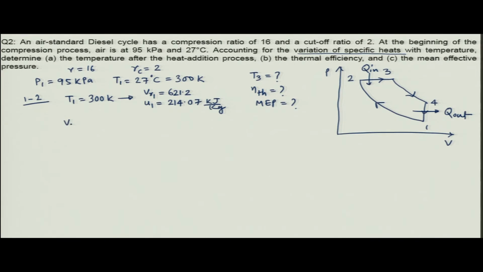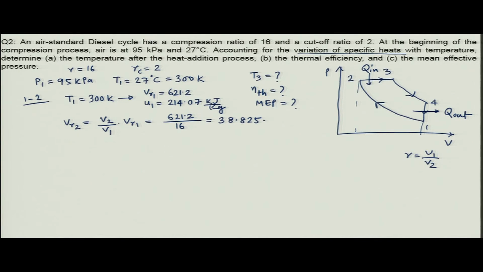VR2, the relative volume at point 2, should be equal to V2 upon V1 multiplied by VR1. VR1 is 621.2, and V1 by V2 is basically your compression ratio, r equal to V1 upon V2, which is 16. So, we can find VR2, and VR2 is 38.825.